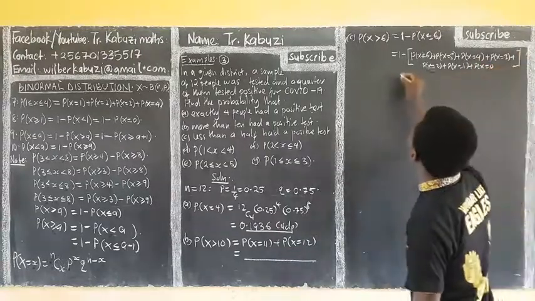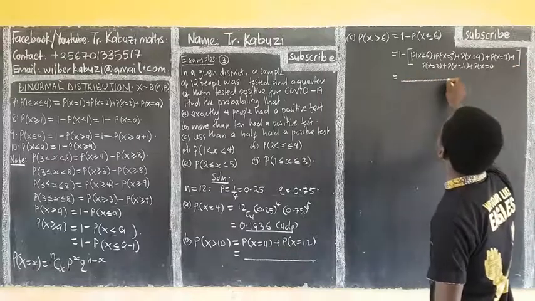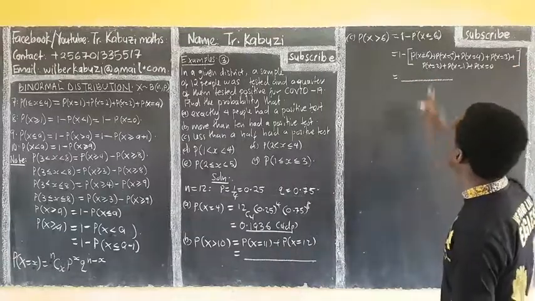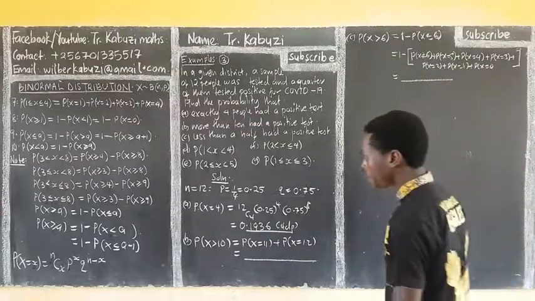Put that in, then you get your answer here and give it to the required decimal places. So that's how we handle that also.